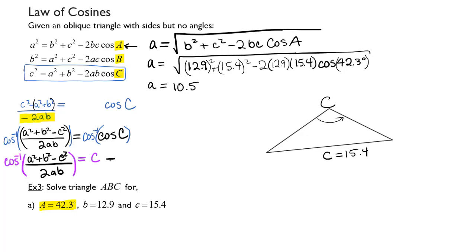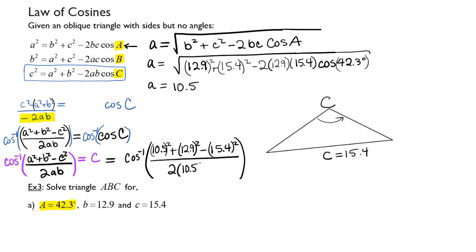I'll go ahead and substitute the values in. A is 10.5 squared plus B is 12.9 squared, and subtract 15.4, that's C squared, all divided by 2 times A, which is 10.5, times B, which is 12.9.